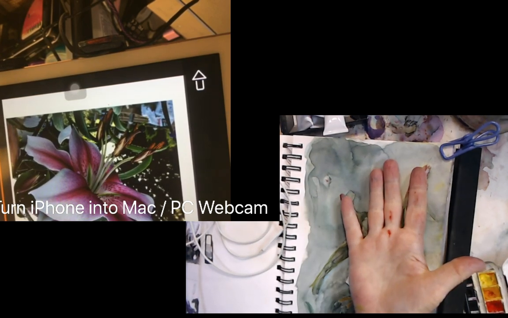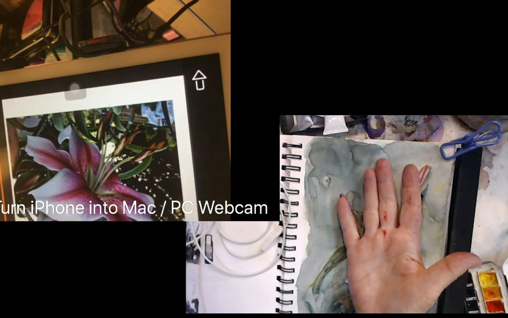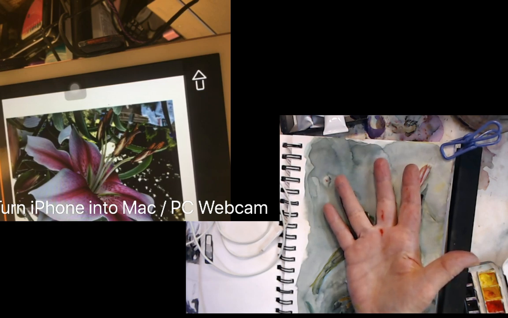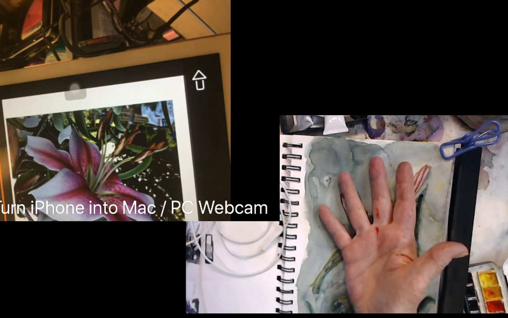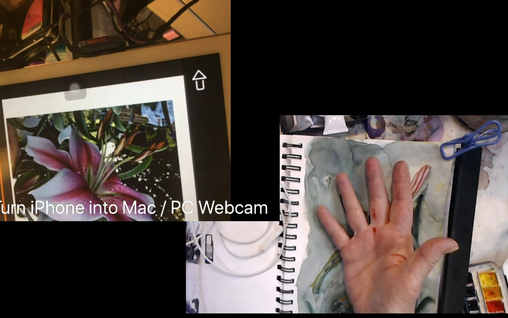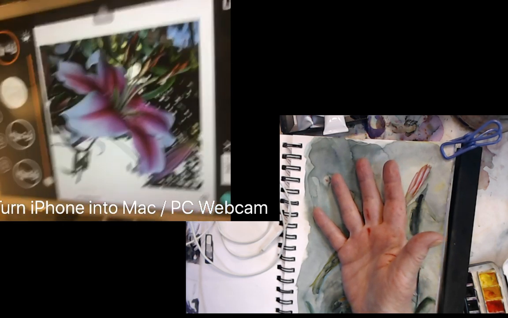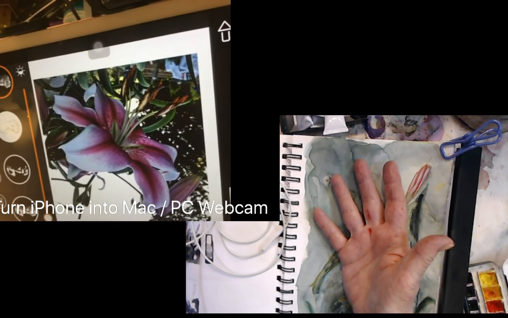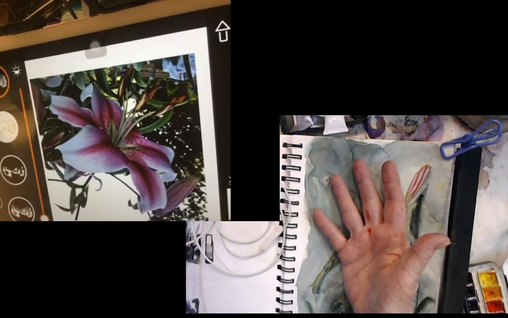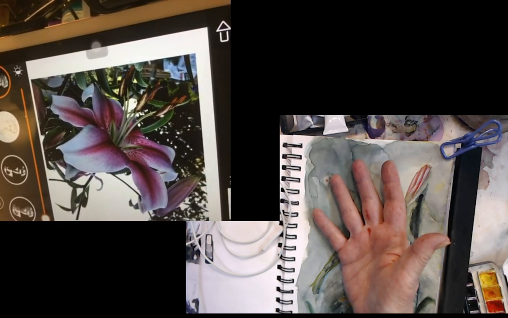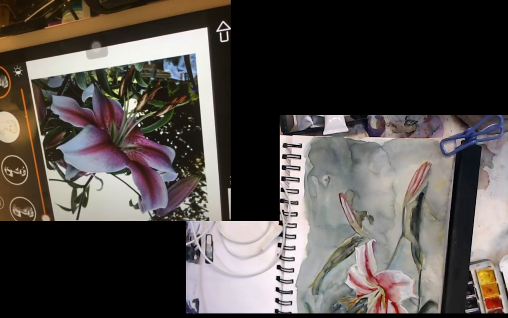Hand up this time. 1, 2, 3, 4, 5, 6, 7, 8, 9, 10, 11, 12, 13, 14, 15, 16, 17, 18, 19. 19 seconds. That is not acceptable.